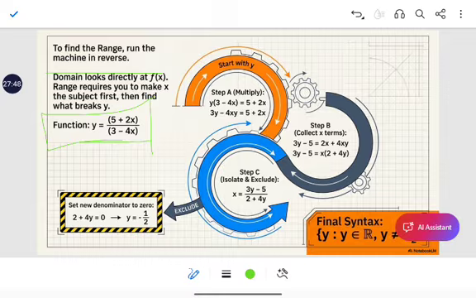Good. If we want the range, here we must make x the subject. Please pay attention. So here, change of subject is important. y is equal to 5 plus 2x all divided by 3 minus 4x. The range, we have to make x the subject and equate it to something.